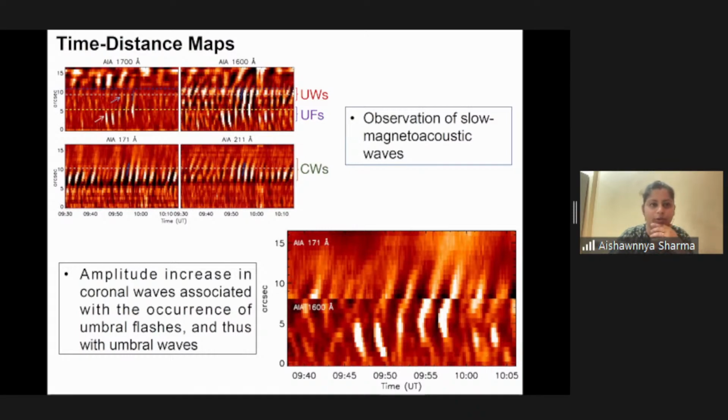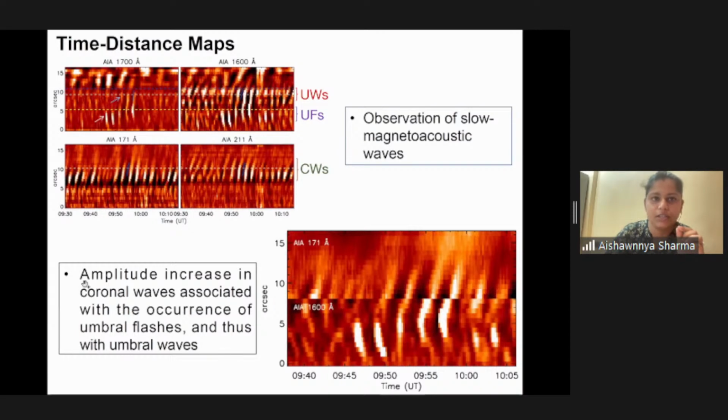I'm not able to use my pointer, so I hope you are able to follow. This time distance map is catching those umbral flash oscillations, and I am marking them with this yellow dotted line.